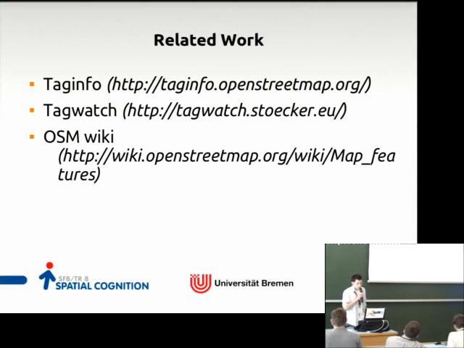Then we have Taginfo and Tagwatch, where you just get a list of all the tags which are in the database, listed in a table with their appearance in the database, or you can also have a look at Europe or North America. So these tools are quite interesting, but still they aren't an ontology, they're just a table or a wiki page, and not really accessible for, for example, ontology-based data access.